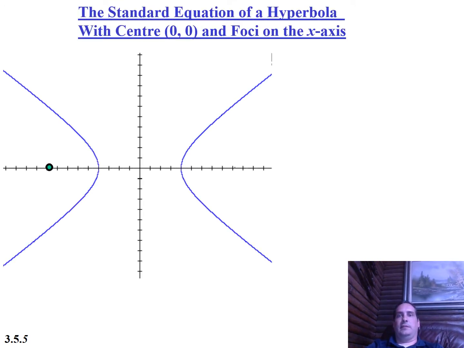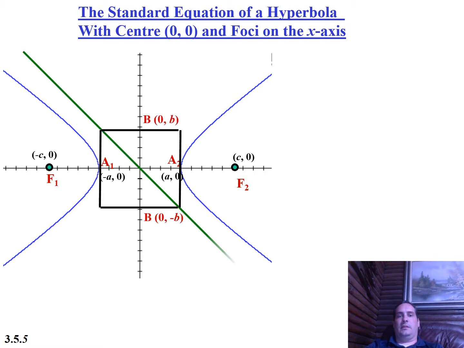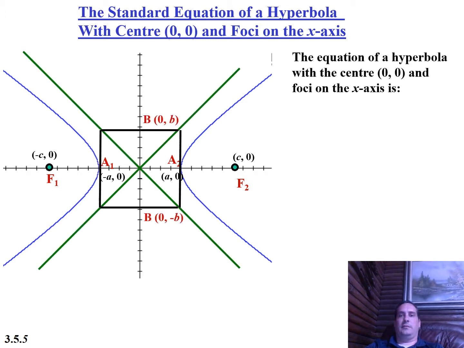All right, the standard equation of a hyperbola centered at 0, 0 with the foci on the x-axis. The equation is x squared over a squared, minus y squared over b squared equals 1.